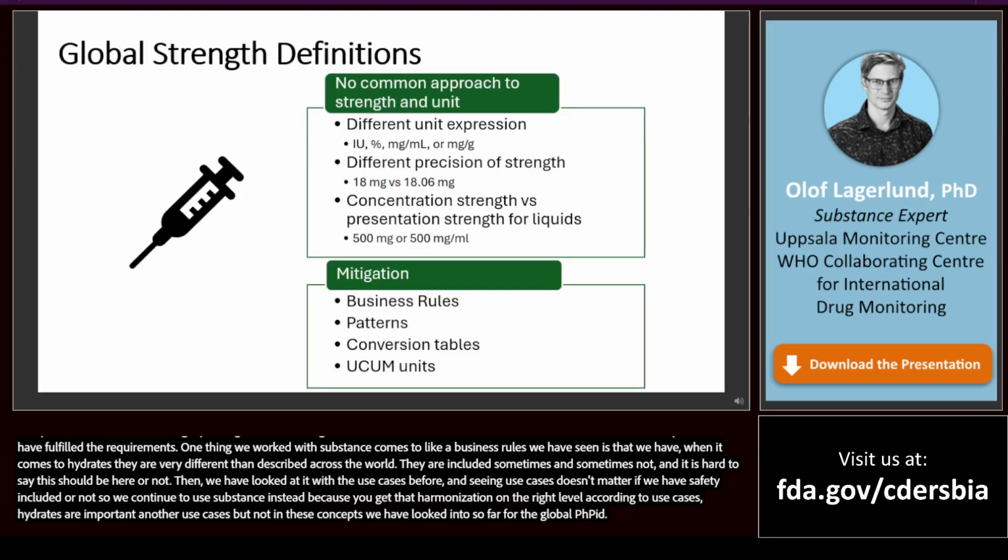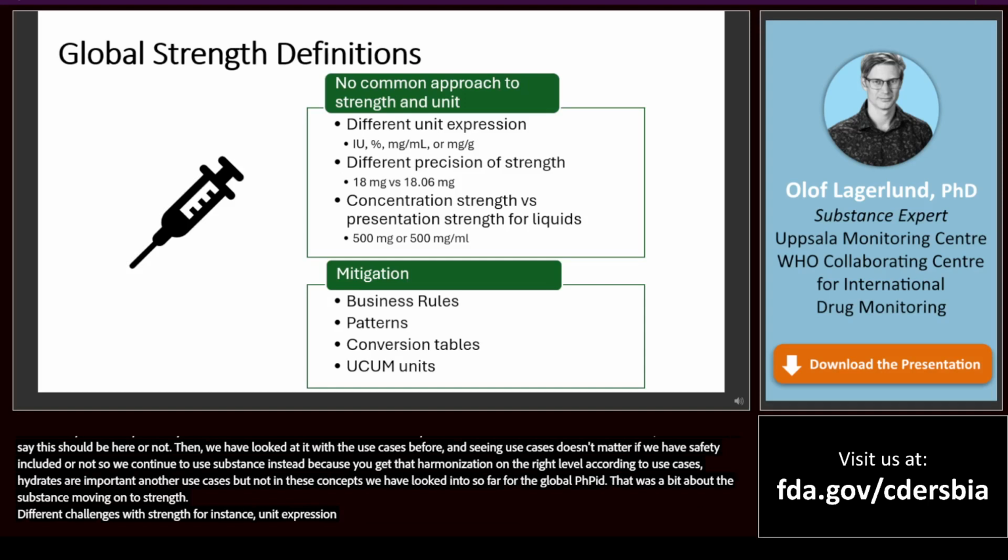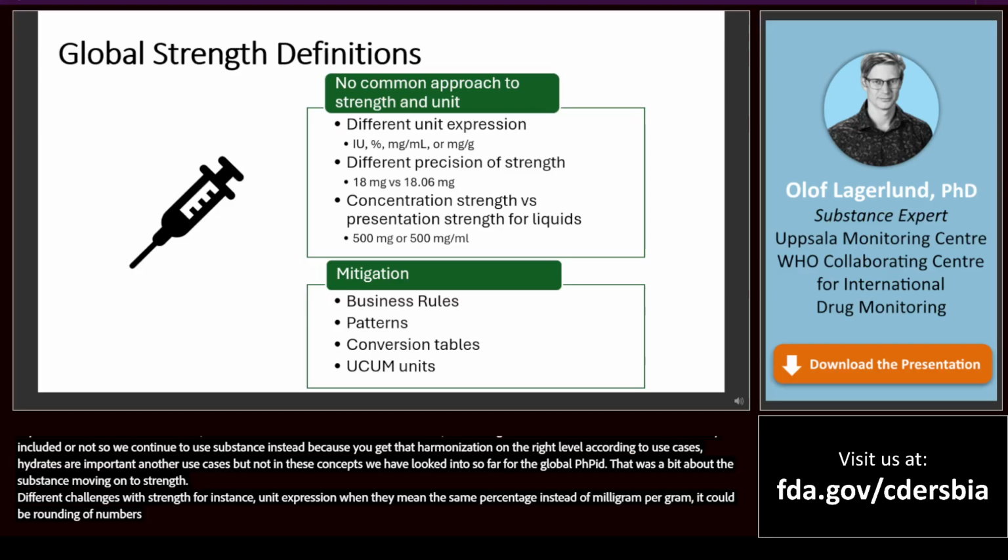Some different challenges with strength. For instance, unit expression when they mean the same thing, like percentage instead of milligram per gram. It could be rounding of numbers, like 18 versus 18.06 as we have here, and it's also, does the label express concentration, or is it presentation strength for liquids?